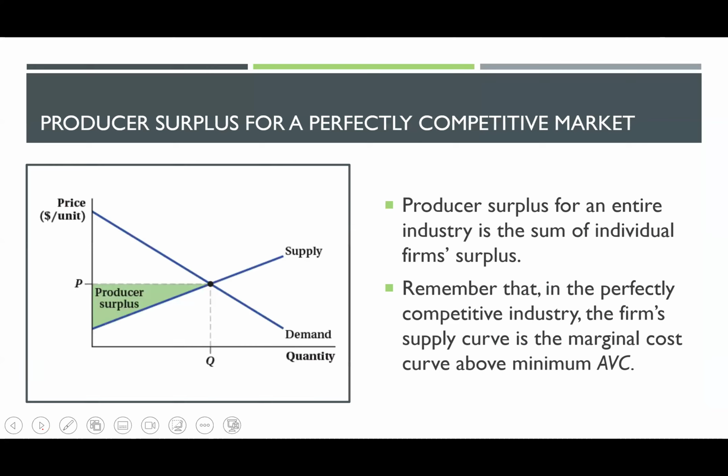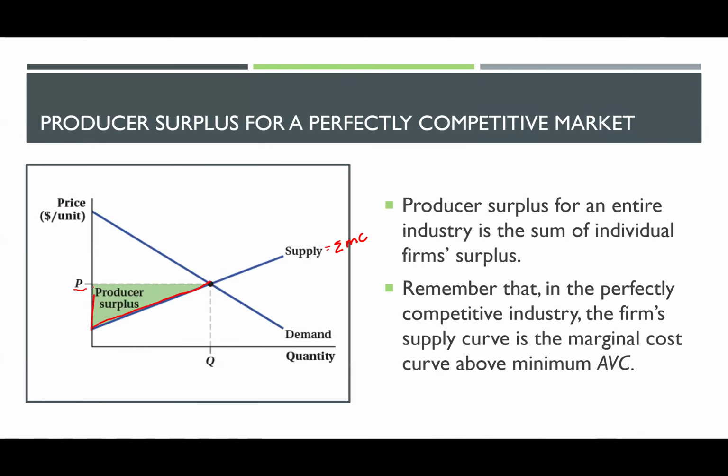Here is producer surplus graphed on a market, right? You've probably seen this from principles. And we're able to show producer surplus here because our supply curve, remember, is just an aggregate marginal cost curve. So we've added up all of the marginal cost curves of all the firms in the industry. And since they're all price takers, we just compare the price that the good is selling at to their marginal costs.